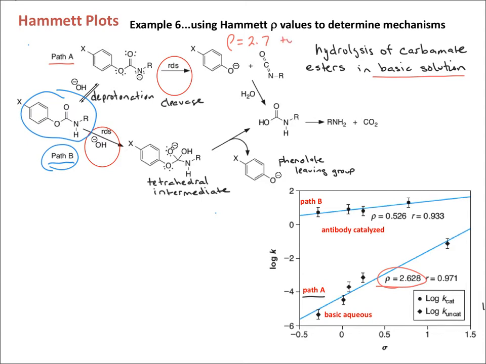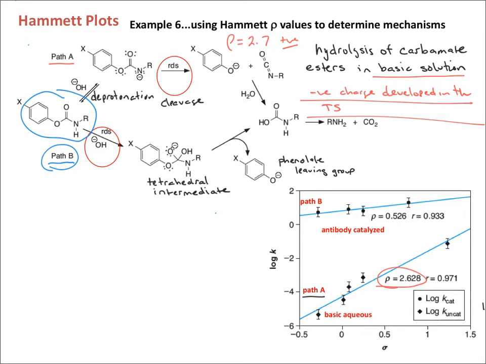It had a positive slope, and so this tells us that negative charge is developed in the transition state, and that when we have electron withdrawing substituents, the rate constant is enhanced.